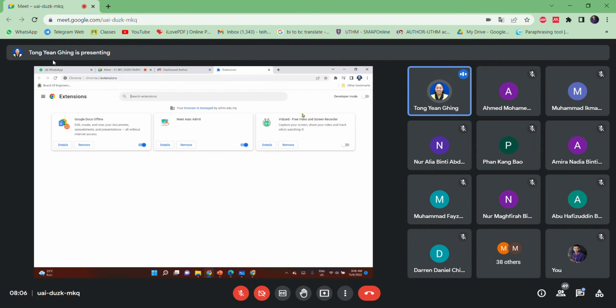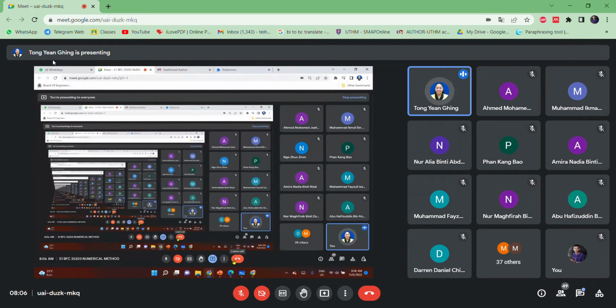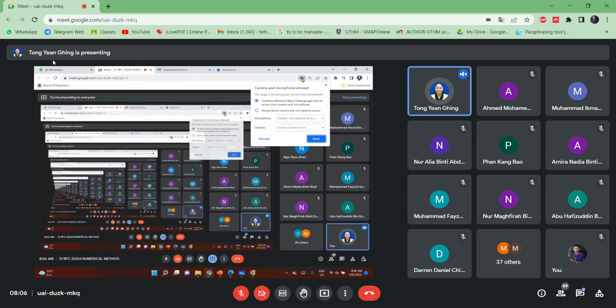Manage extensions. I already installed the, alamak. Kemana? Wait. Let's go out and go in again, because I want to click this one. It asks to allow access to your camera and microphone.